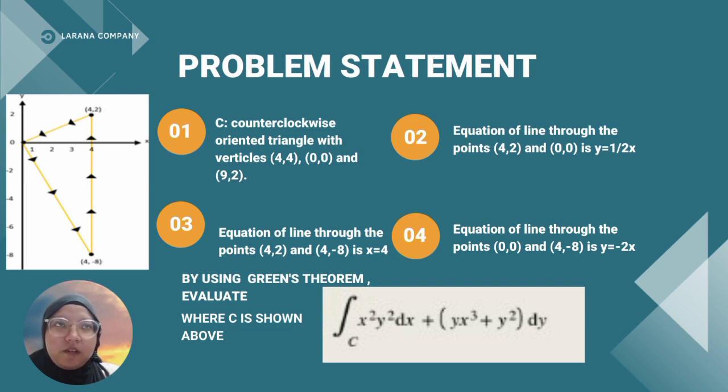Next, the equation of the line through the points (4, 2) and (4, -8) is x equal to 4. Lastly, the equation of the line through the points (0, 0) and (4, -8) is y equal to negative 2x. So the answer is given like in the pictures shown in the slide.